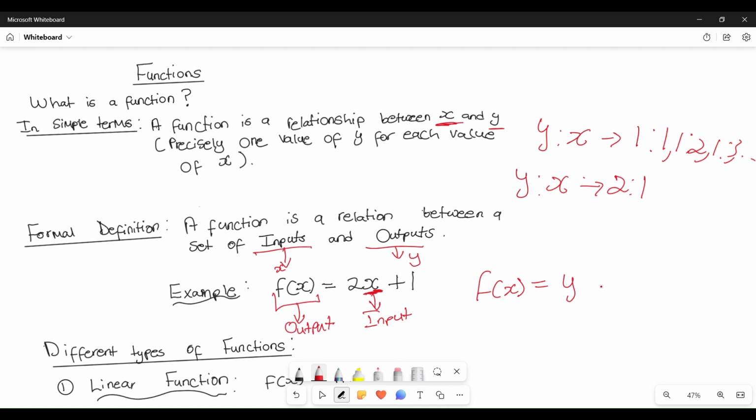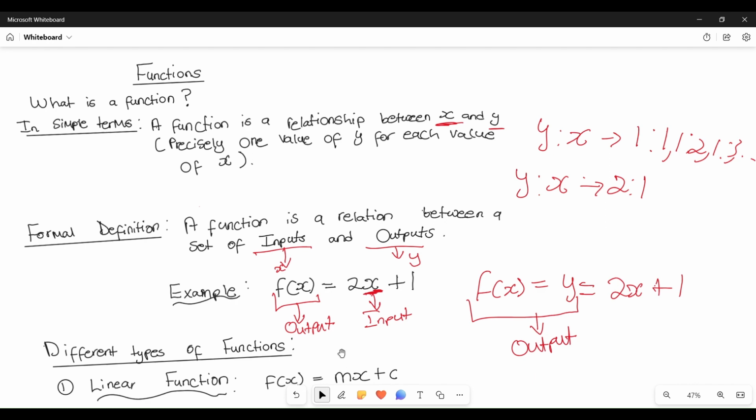So we can say f of x equals y, which equals 2x plus 1. So f of x or y is what we call our output. Okay, that's an example of a function.